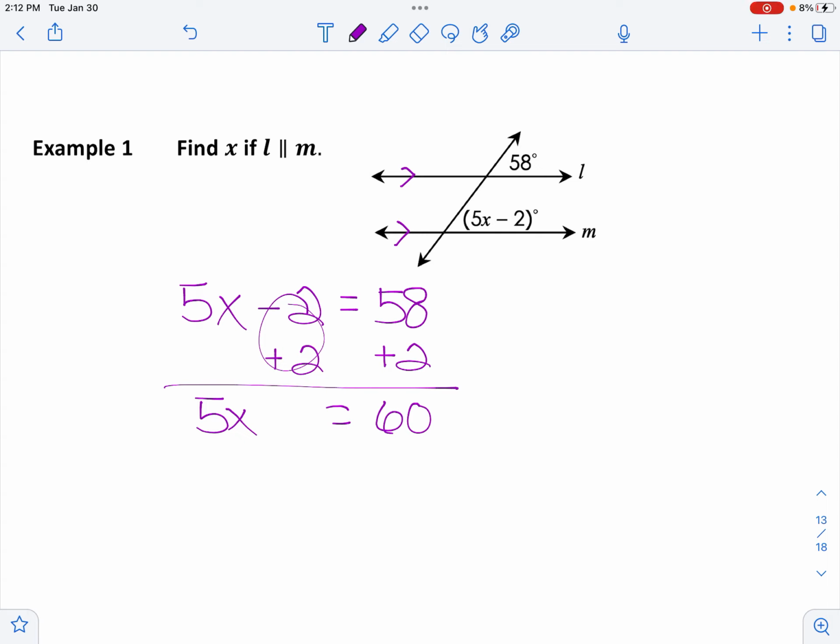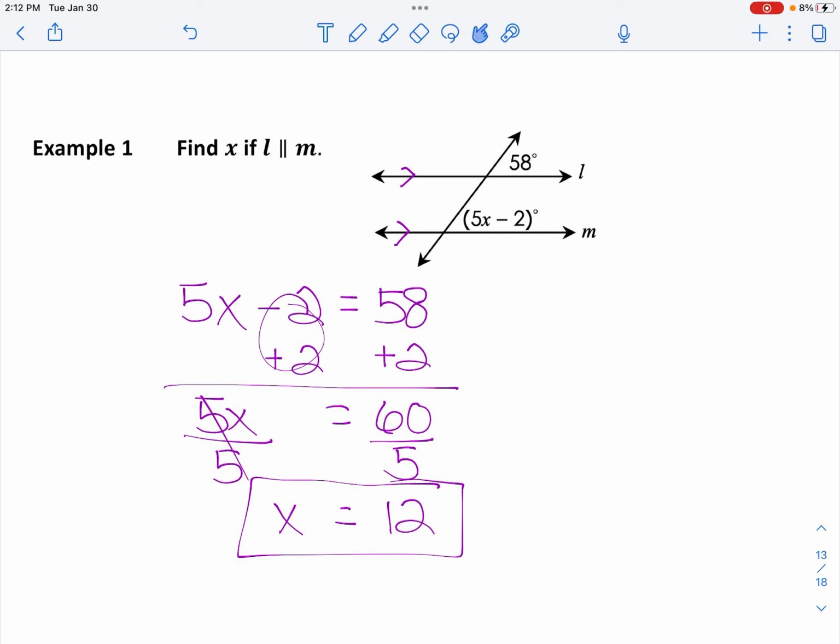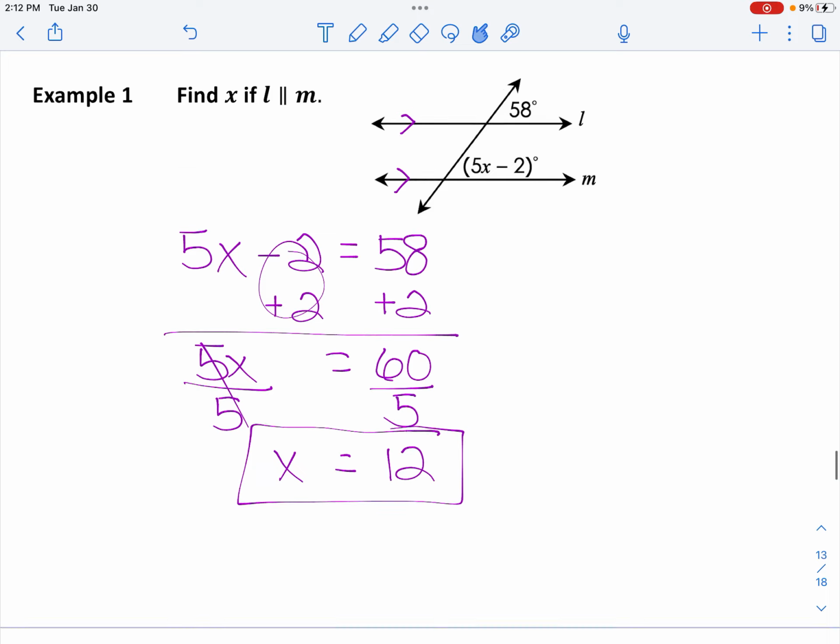Okay, and now I want to solve for x by dividing by 5 on both sides to cancel out that 5. Remember inverse operations, so x equals 12. So now it says find x. Well, I did find x, so this is my answer. We're good. So if L and M are both parallel, then x would have to be equal to 12. Okay, so it's introducing just a little bit of algebra to what we already know.